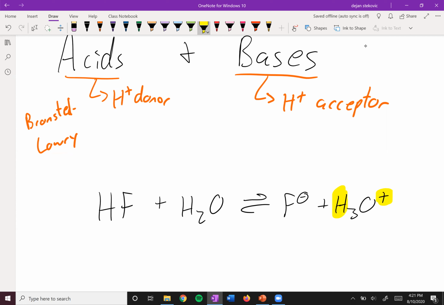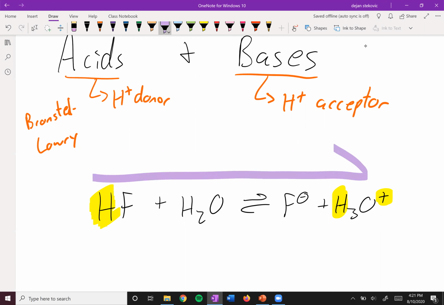Where did that come from? Well, over here there's an F- where there was an H, and so that H+ must have come from here. And so if we're reading from left to right, HF gave up a proton, and so this is the acid. And then H2O accepted that proton, and so it is the base.